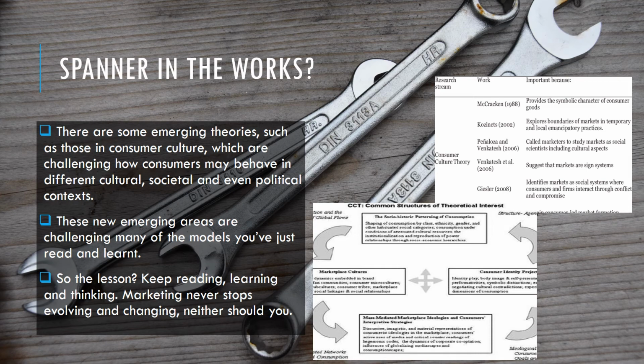So there are ones in consumer culture, and these are challenging how consumers may behave in different cultural, societal, and even political contexts. And consumer culture theory, or CCT as some people call it, is one area where we're trying to get a bigger and better understanding of how consumers may behave in different variables upon their lives. So that may mean how we look at advertising effectiveness may also change.